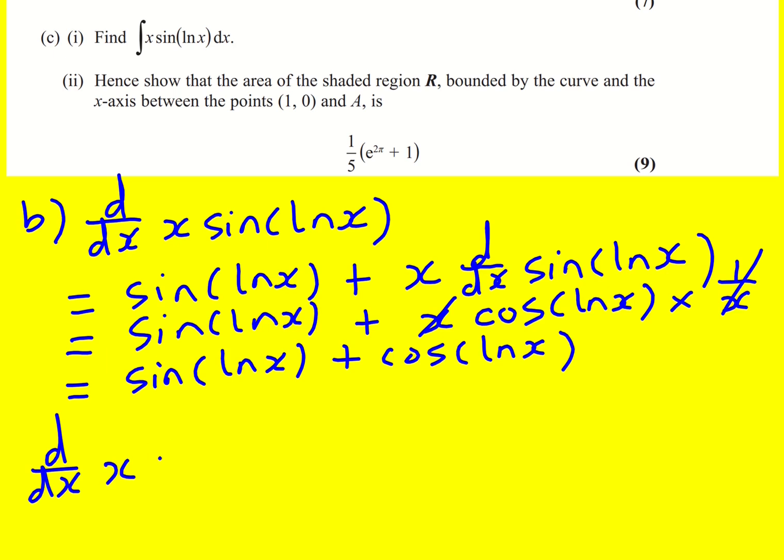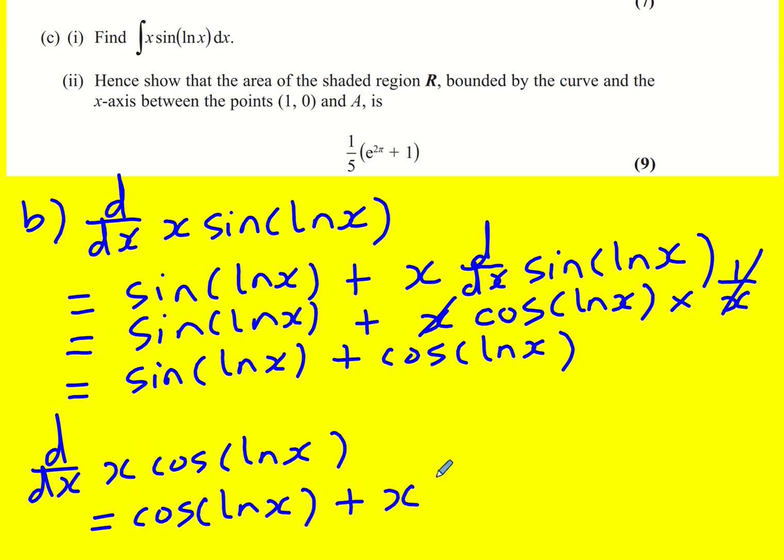Now I'm going to differentiate x cos ln x. It's going to work out in a similar way. First of all, differentiate the x and times by the cos ln x. And then I'm going to add x and differentiate cos ln x.